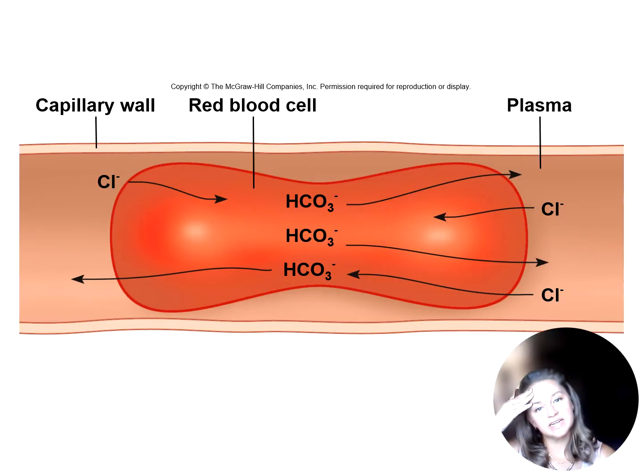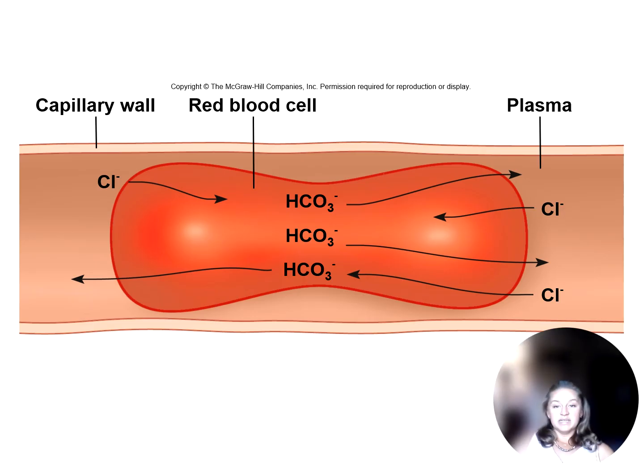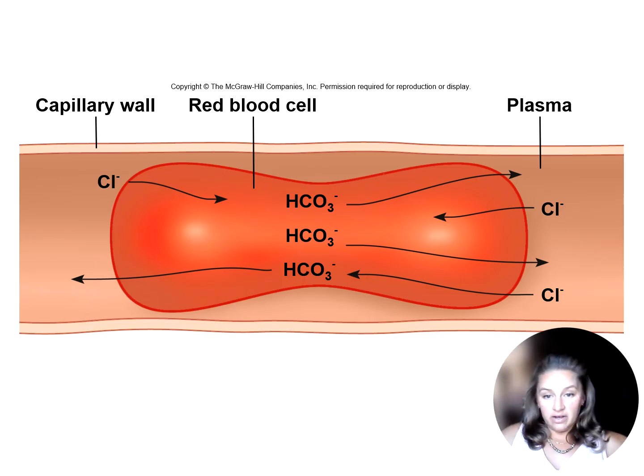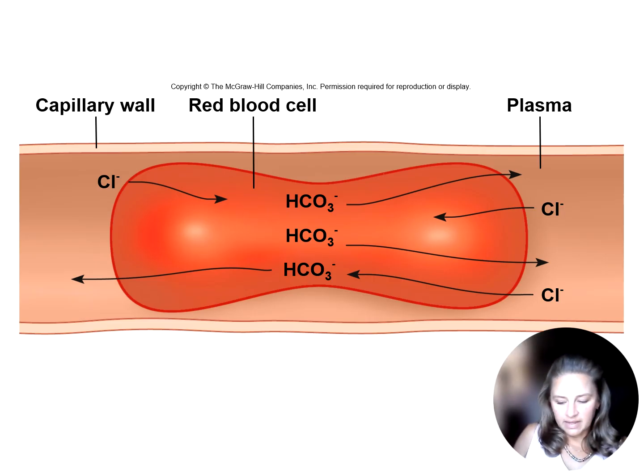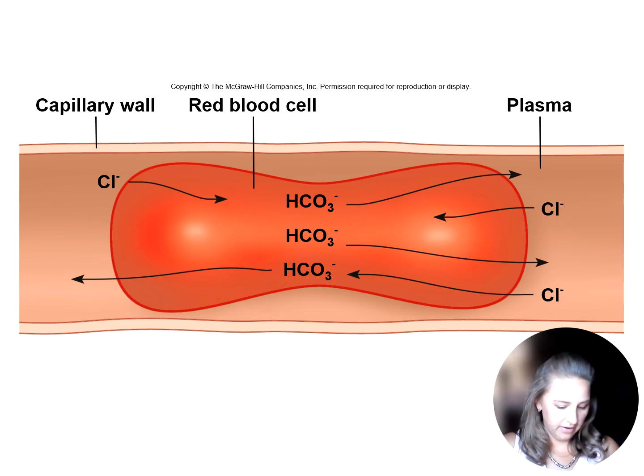Another thing to say is that the bicarbonate ion, while it is soluble, transporting it in and out of tissues is easier when you have another ion to go along with it. This is showing how we have this chloride ion that will go with the bicarbonate ion.